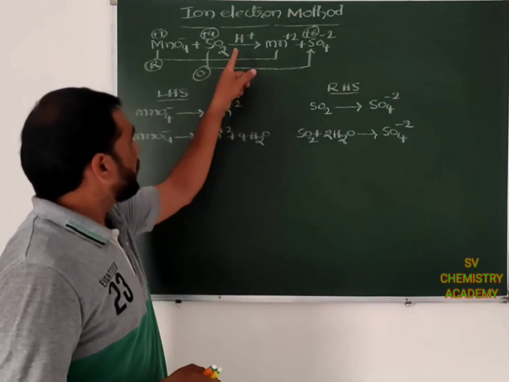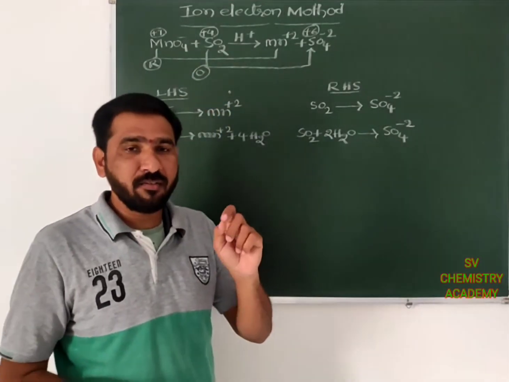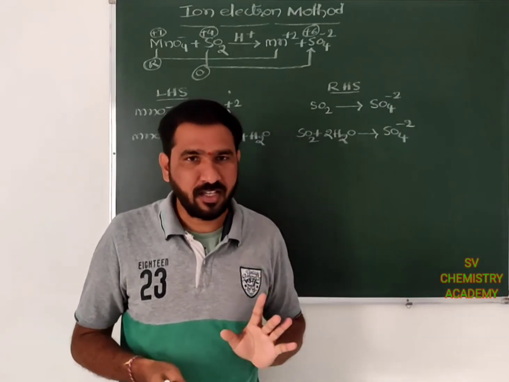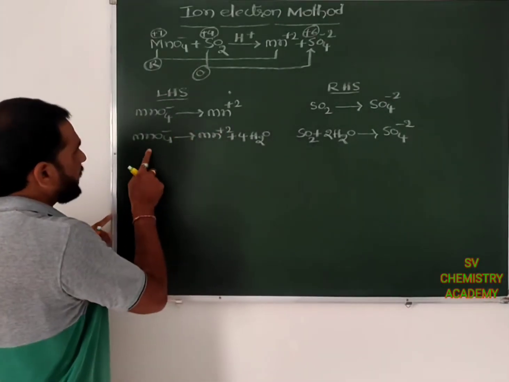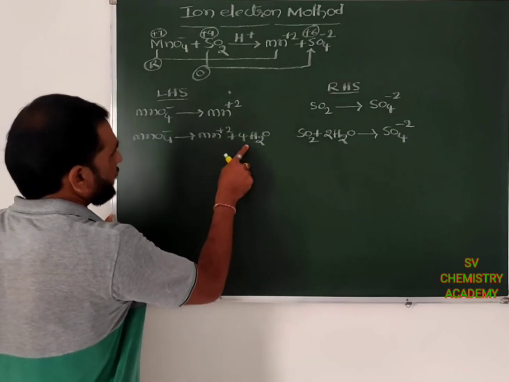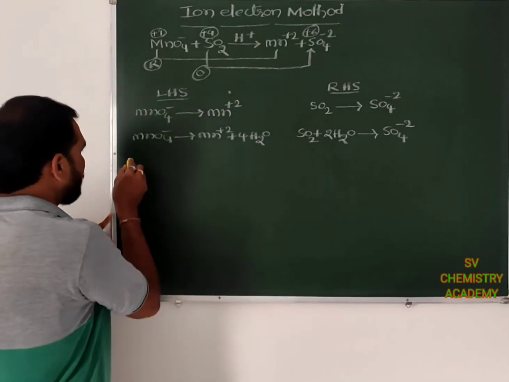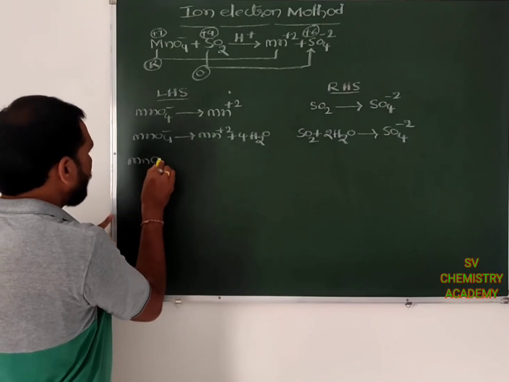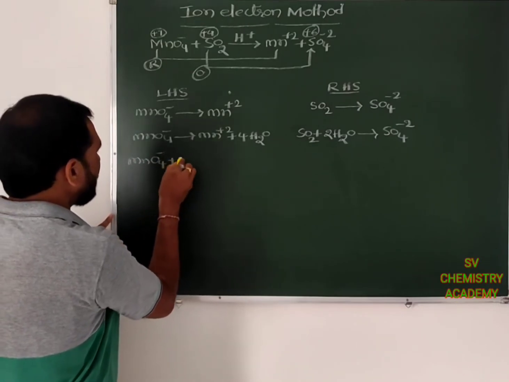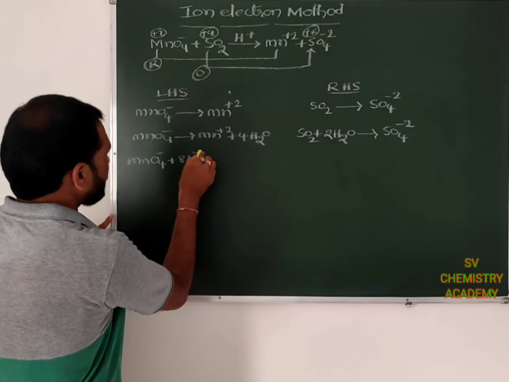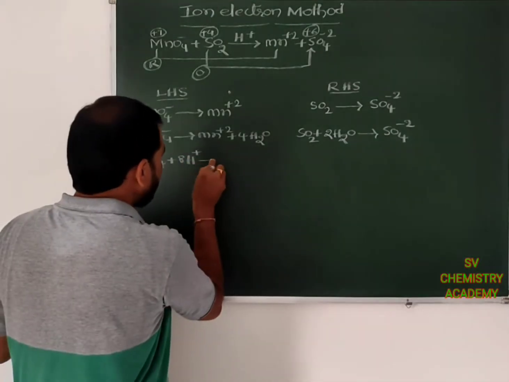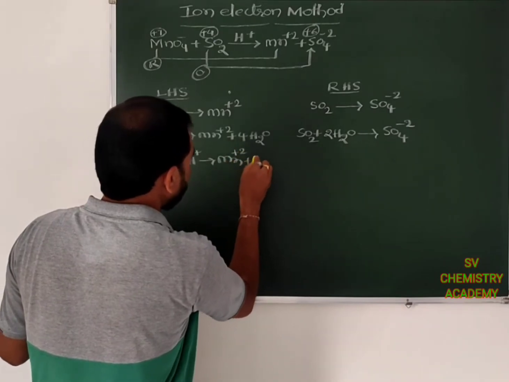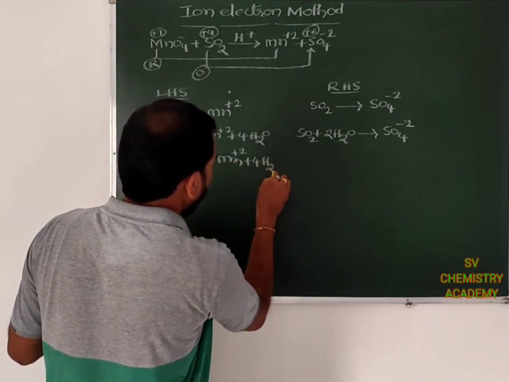Then, balancing of hydrogen. This reaction is going on in the presence of an acidic medium, so to balance hydrogen, on the deficient side we need to add H plus ions. Here the left side has 0 H plus ions, but the right side has 8. Therefore, we need to add 8 H plus ions on the left side. MnO4 minus plus 8 H plus gives rise to Mn plus 2 plus 4 H2O.